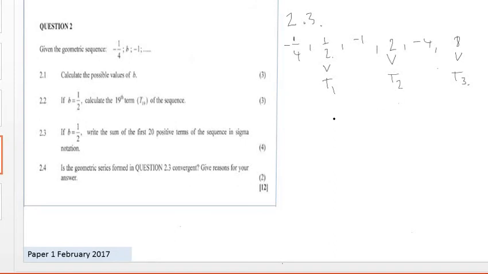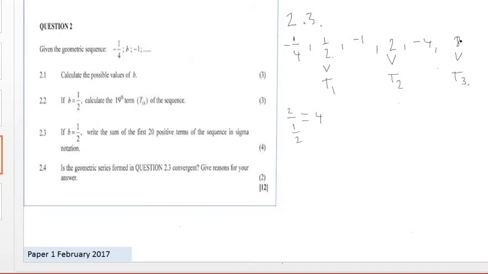Here we can see, because if we have 2 divided by the first term, which is 1/2, we get 4, which is the common ratio. So 4 is the common ratio in the actual geometric sequence.